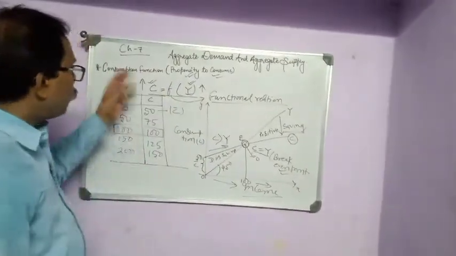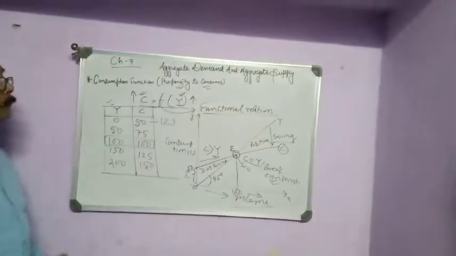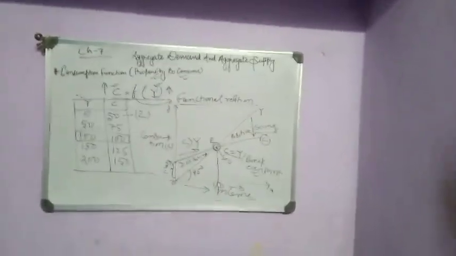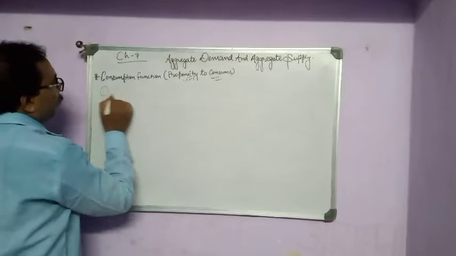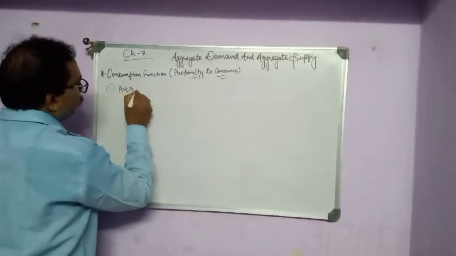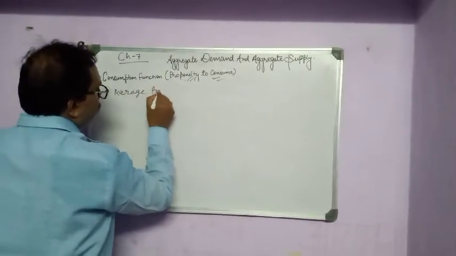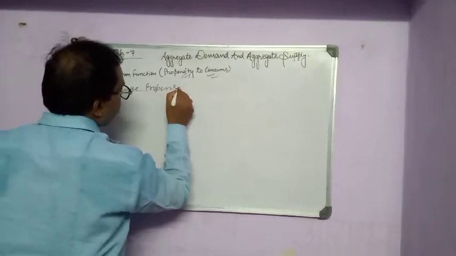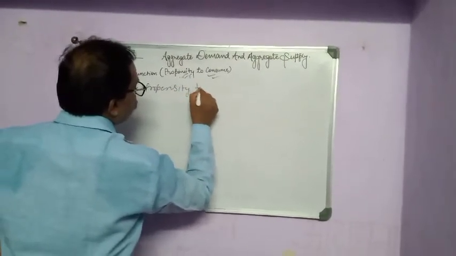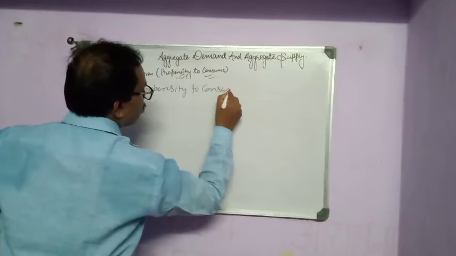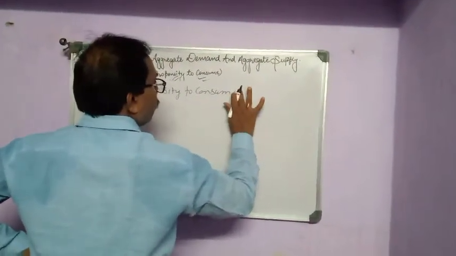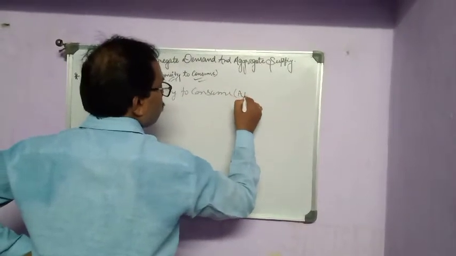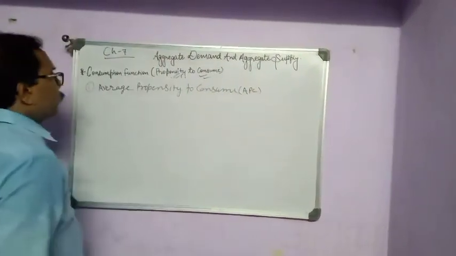Clear? Now the consumption function has two main components. So consumption function has two main parts. First, average propensity to consume, and in short form it is known as APC.